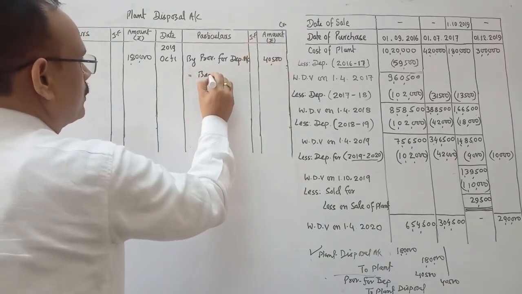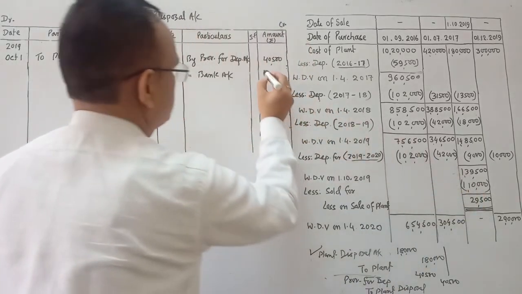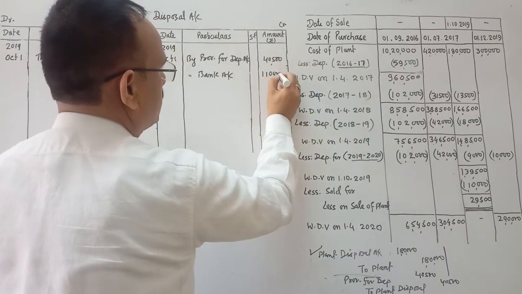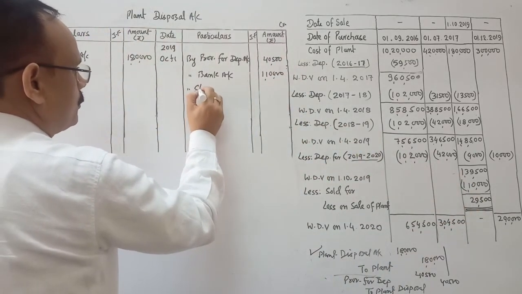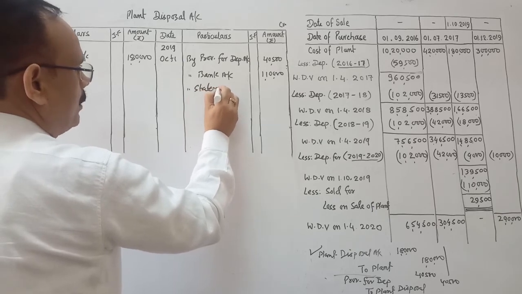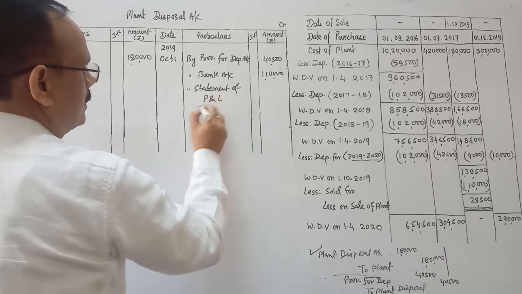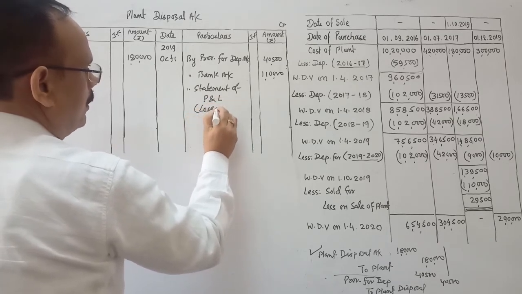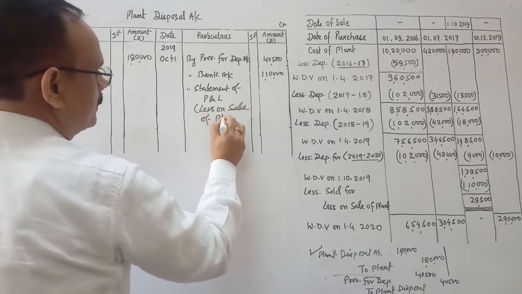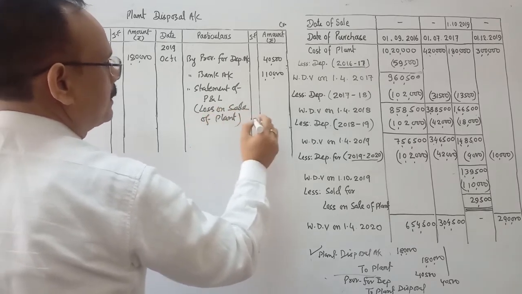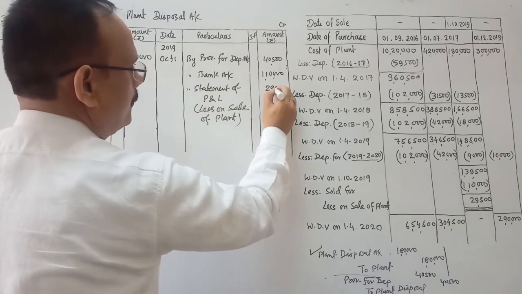By bank account, the plant is sold for rupees 1,10,000, and there is a loss of 29,500. So this will be transferred to the statement of profit and loss. Loss on sale of plant, how much? 29,500.